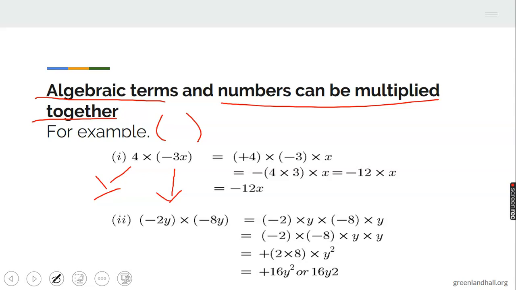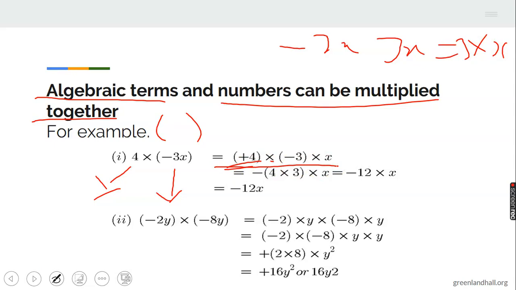Now, 4 times minus 3x. This 4 is a positive number. You can see plus 4 times minus 3 times x. Don't forget, we said 3x simply means 3 times x. This is what you are seeing here.